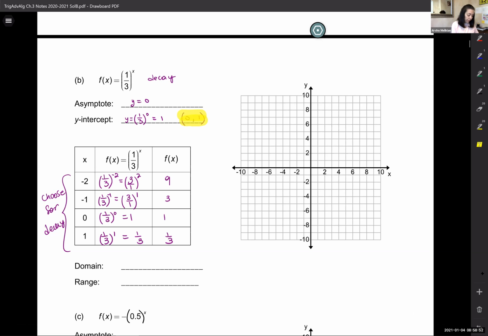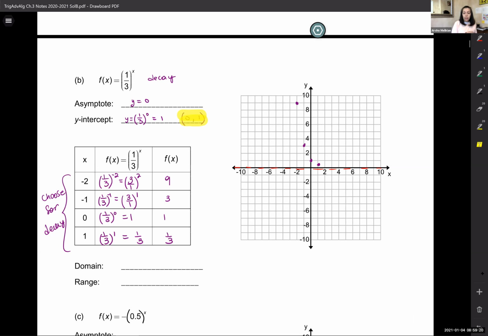Right? Okay, let's graph. Asymptote first. Right. Now, when x is -2, y is 9, all the way up here. When x is -1, y is 3. At 0, it's 1. And at 1, it's 1/3. We're going to estimate the third.